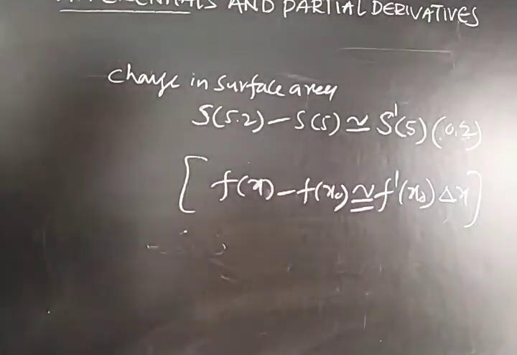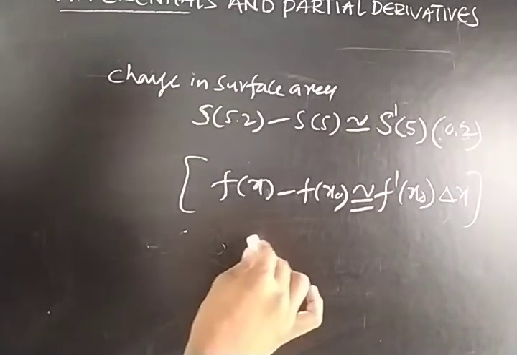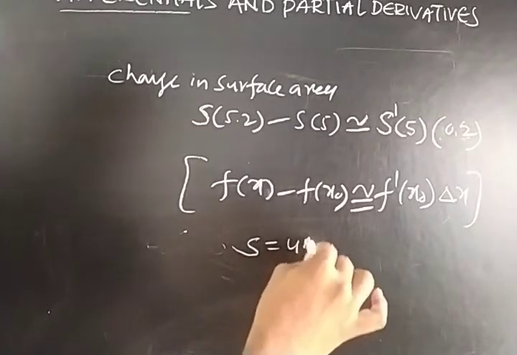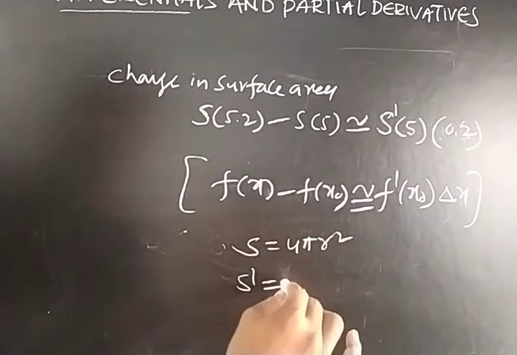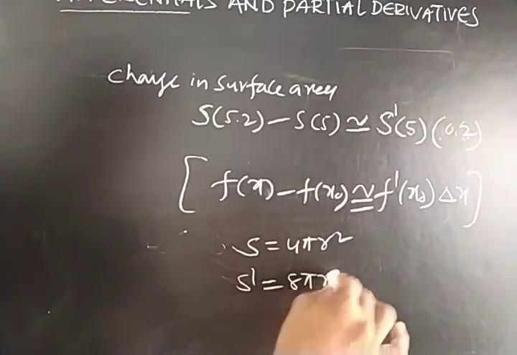How can we get S dash of 5? S is 4 pi r square, so S dash with respect to radius is 8 pi r.